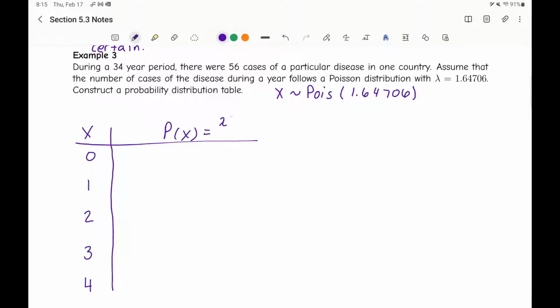lambda to the m times e to the negative lambda over m factorial. But since we know what lambda is, this is 1.64706 to the m times e to the negative 1.64706 divided by m factorial.